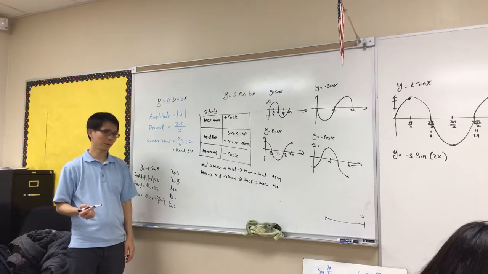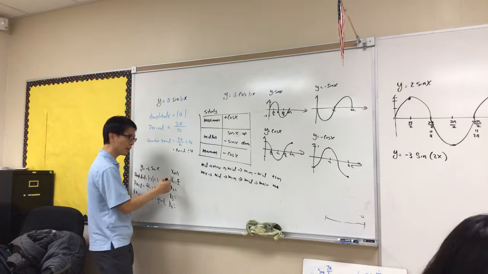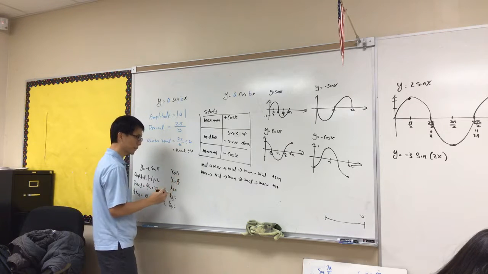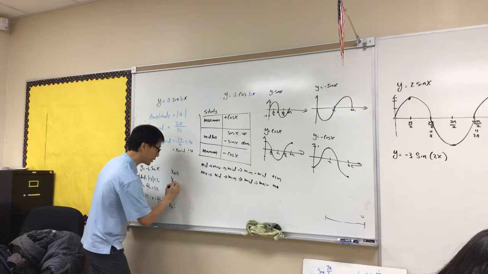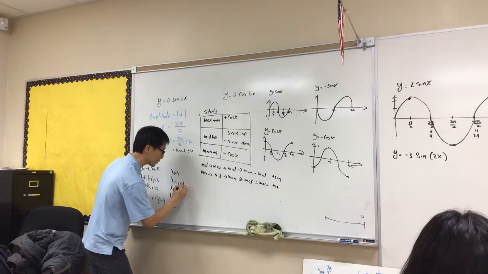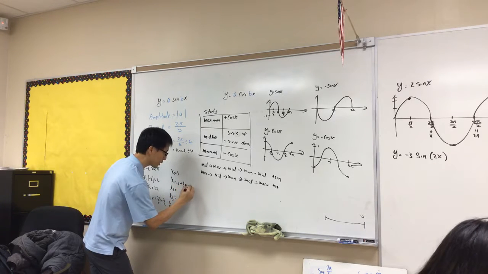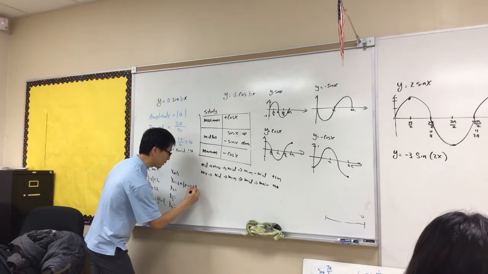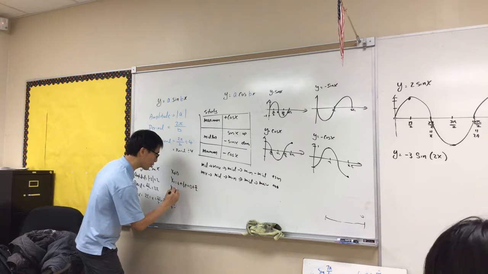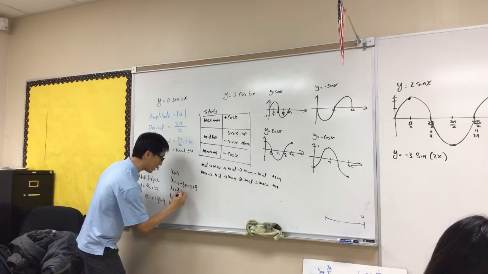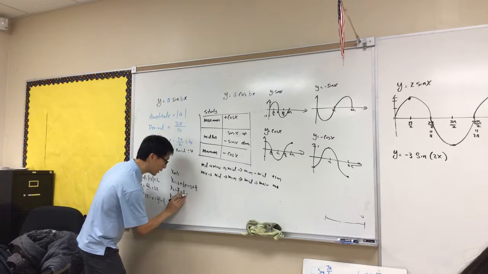What is pi over 2 plus pi over 2? 2 pi over 2. Thank you. That's all you have to do. You cannot change the bottom.